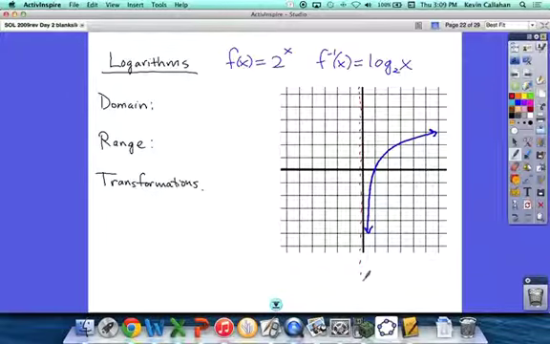All right. Whereas the exponential had a domain of all real numbers, the logarithm has a range of all real numbers. They switch domains and ranges. Right? Whereas the exponential had a range of y greater than 0, the logarithm has a domain of x greater than 0.